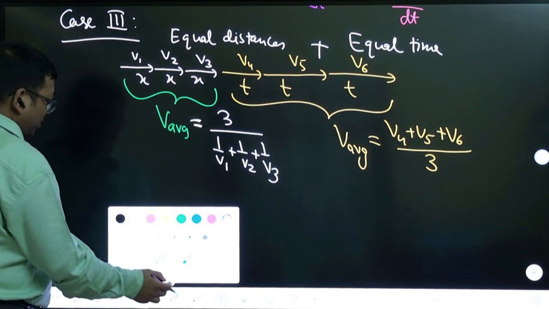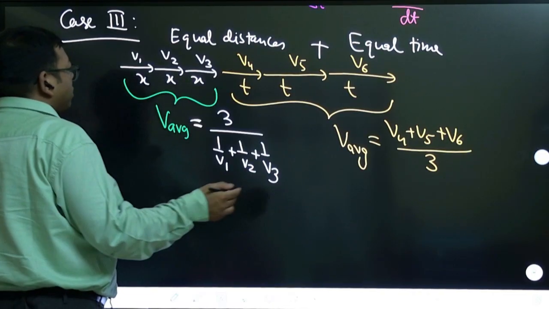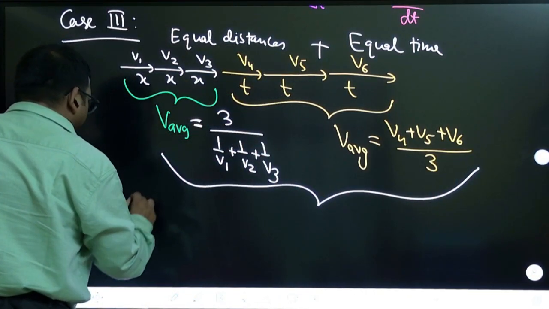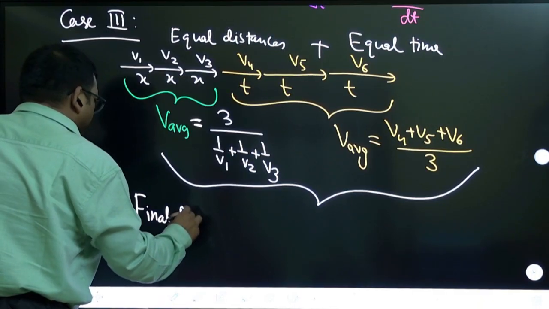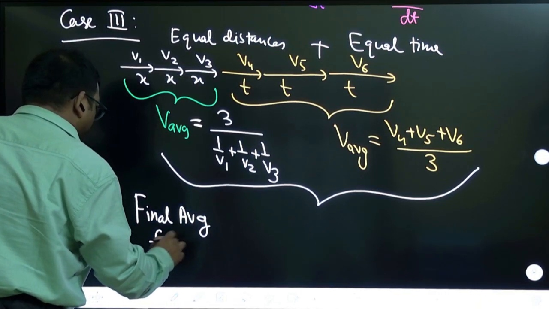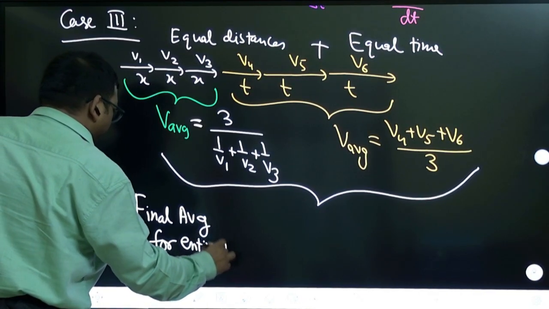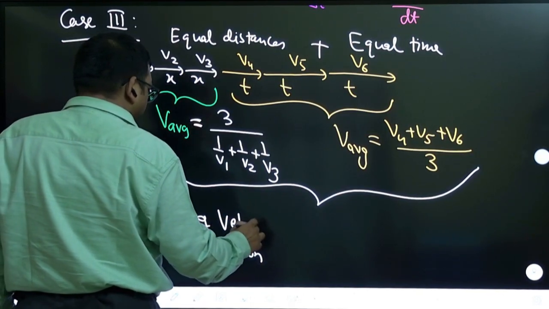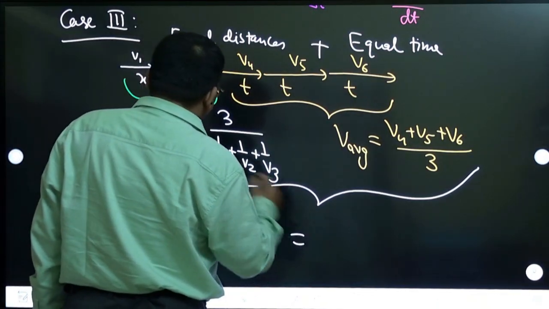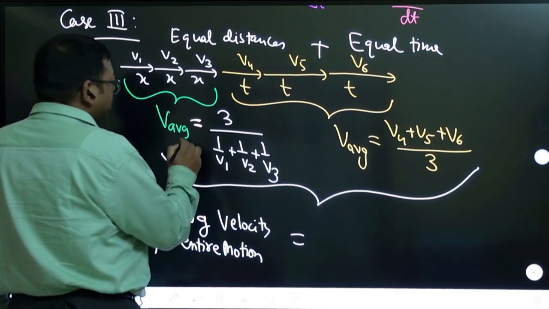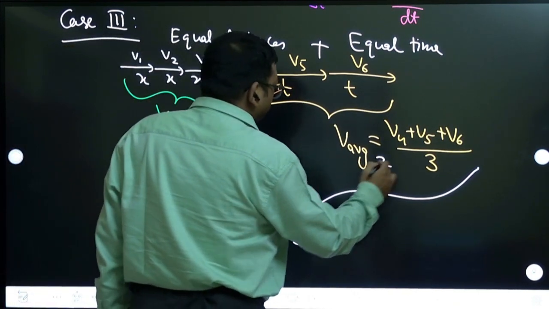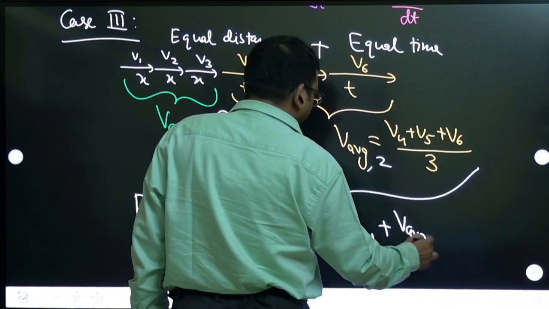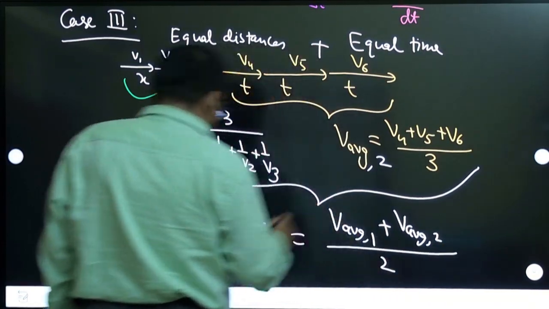So combining these two, the final average velocity for the entire motion will be this average plus this average by 2. Let us call them average 1 and average 2. So average 1 plus average 2 divided by 2.